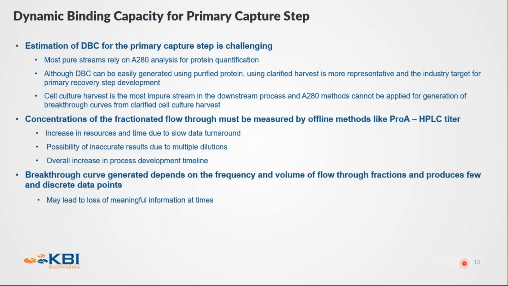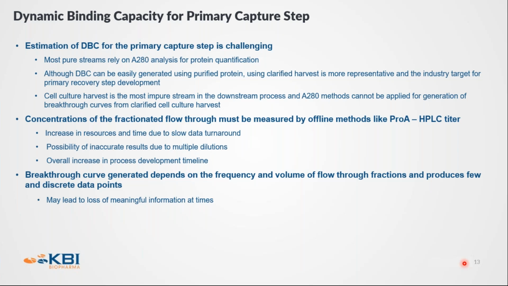Now, the DBC is determined for all the chromatographic steps. So it is determined for the primary capture step as well as all the subsequent polishing steps. But there is a big difference. For the polishing steps, let's say I'm determining the DBC for a cation exchanger or an anion exchanger.